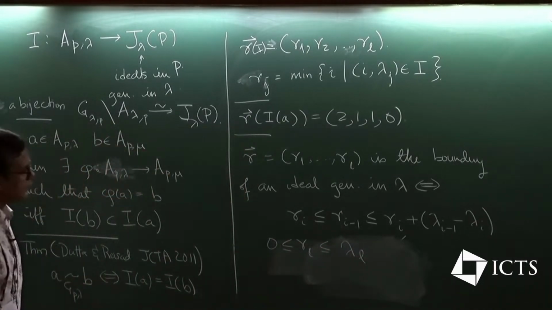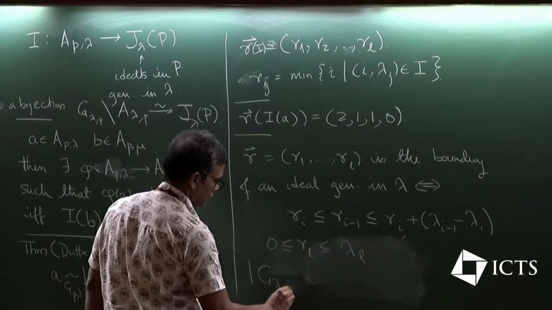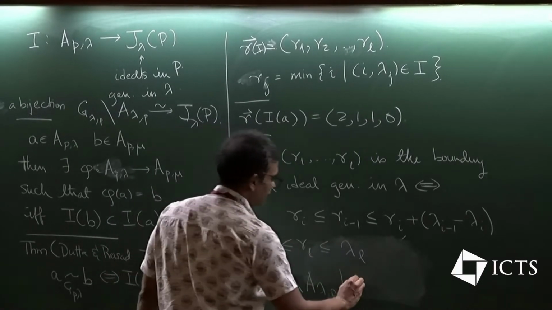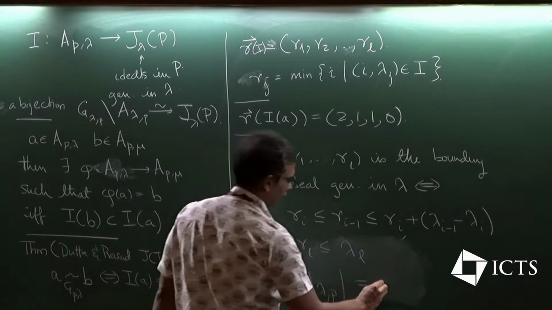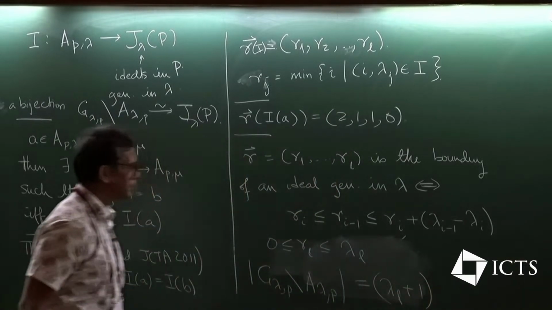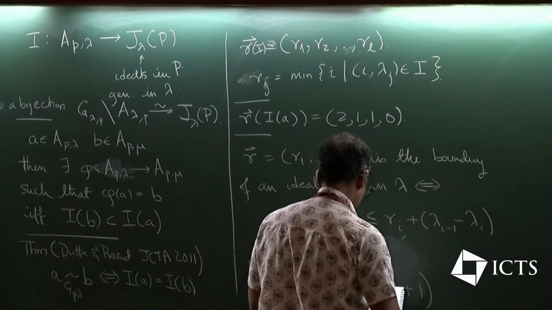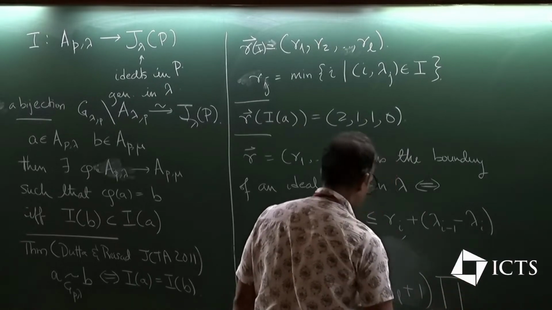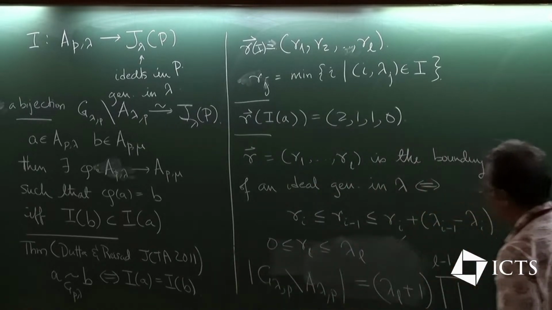So now we can easily write down the number of orbits. Firstly, I have lambda_L plus 1 choices for R_L. And then I have a product, i goes from 1 to L minus 1. What is the number of choices I have?